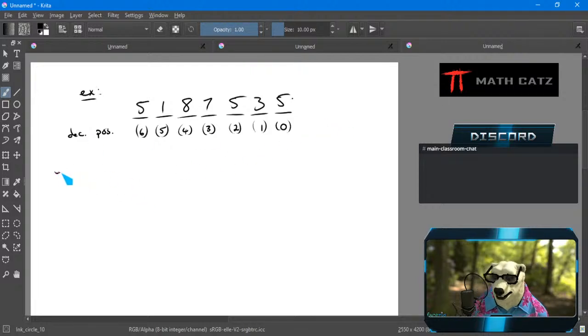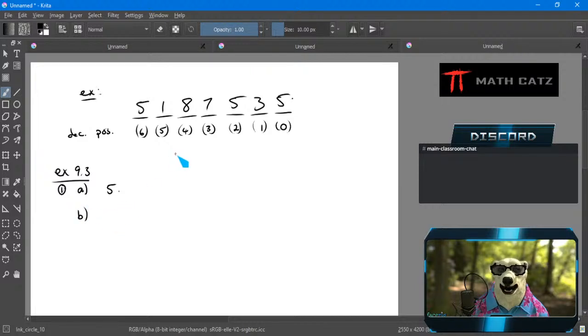So if we now look at exercise 9.3, 1a, I have my number and it asks me, what is the digit in decimal position 2? Decimal position 2 is this guy. The digit is 5.